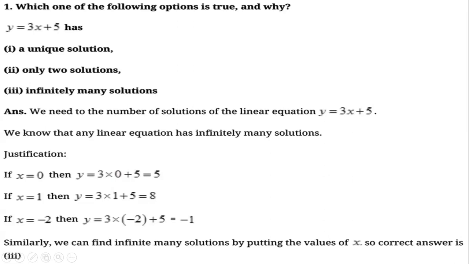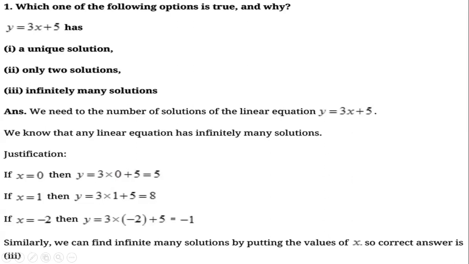If x is equal to minus 2, what if the value of x is replaced by minus 2 in the equation? If I solve it, I'll get y is equal to minus 1. So similarly, we can find infinitely many solutions by putting in values of x.